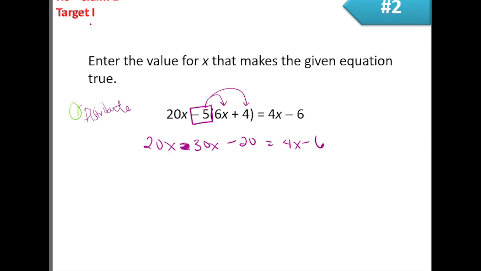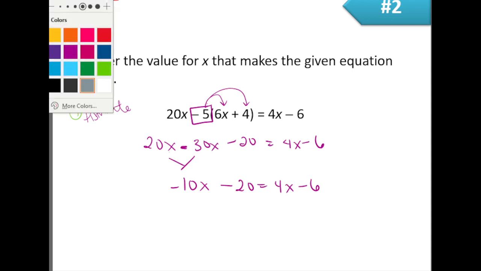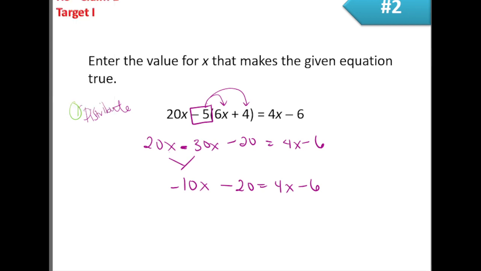Now we combine like terms here. Combine like terms, 20 minus 30 is negative 10x, minus 20 equals 4x minus 6. So we want all the x's on one side and all the numbers on the other side.